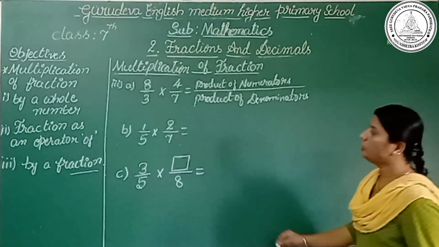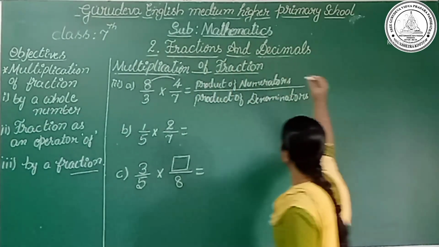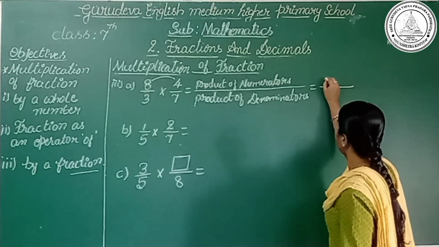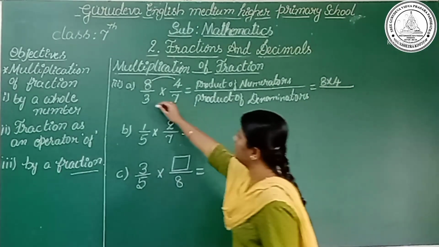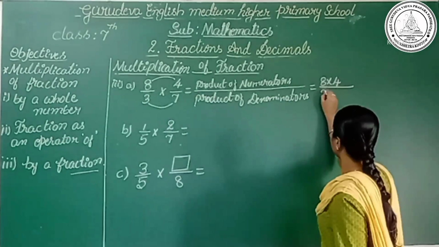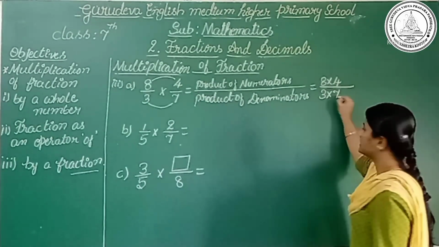Okay, so now multiply numerator by numerator, which is equal to 8 into 4 divided by denominator by denominator, 3 into 7.